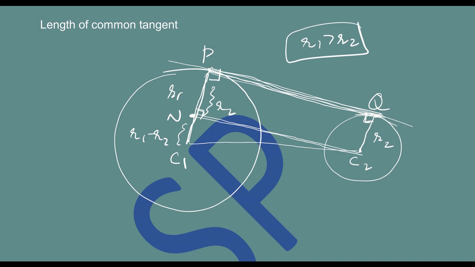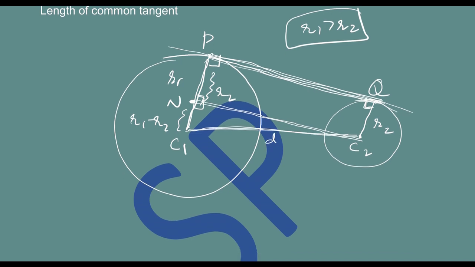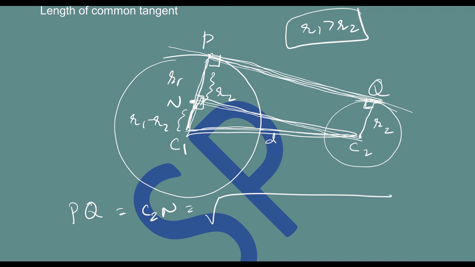Okay, so what do you get now? Now you see the distance between the centers. If I call the distance between the centers D, then PQ, that is C2N, applying the Pythagoras theorem in this right angle triangle C1C2N, is the square root of C1C2 square minus NC1 square.